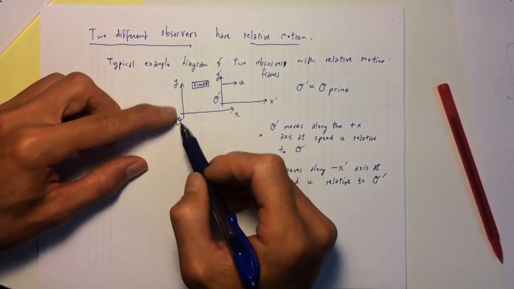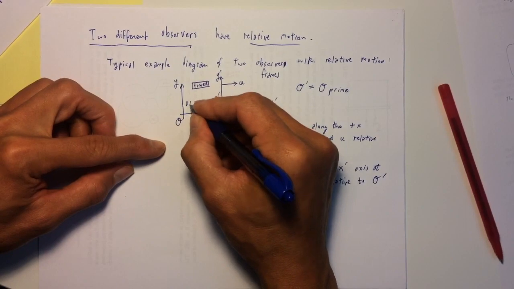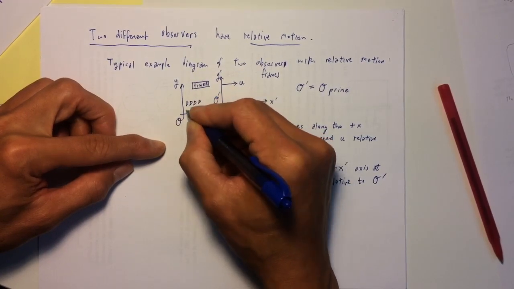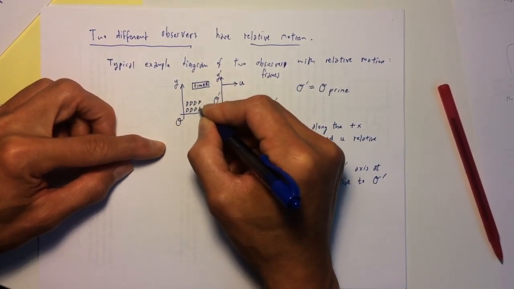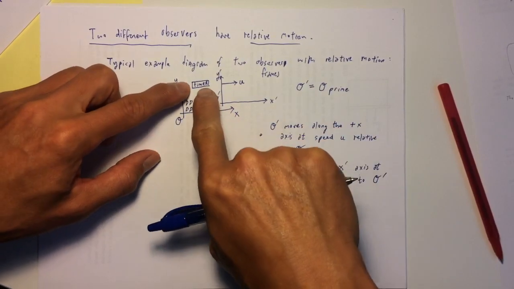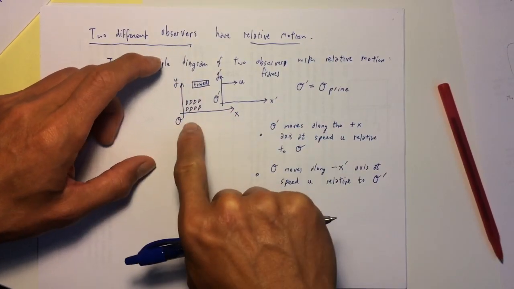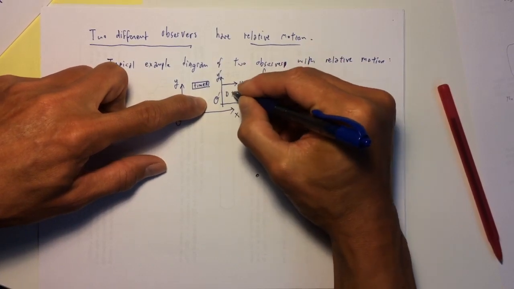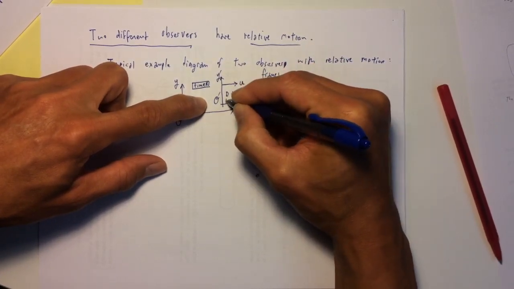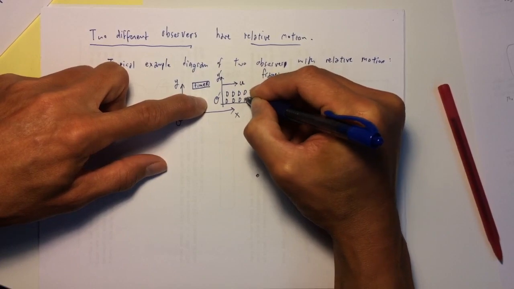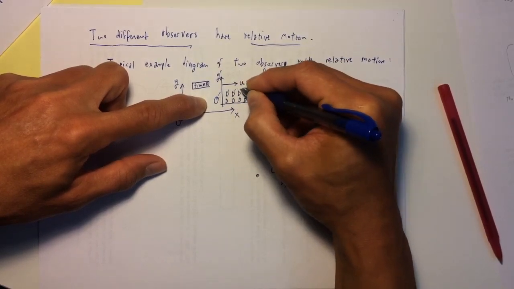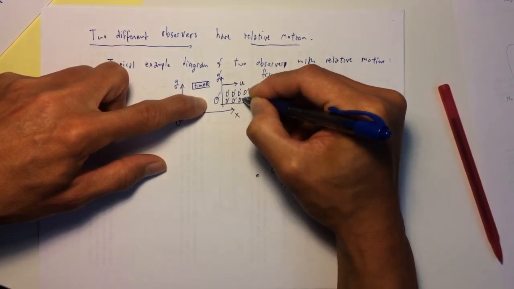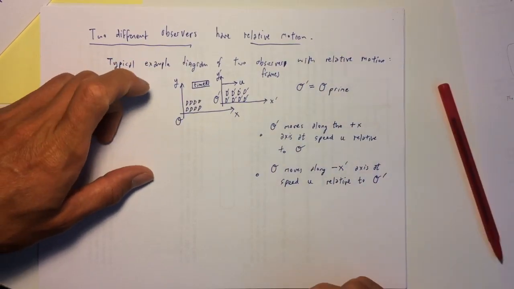So the observer frame O has an infinite framework of detectors that are all reading according to observer O's timer. But observer O prime also has an infinite number of detectors, and they are all recording information for the scientist O prime.